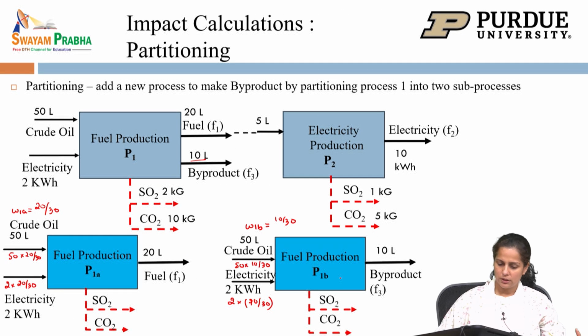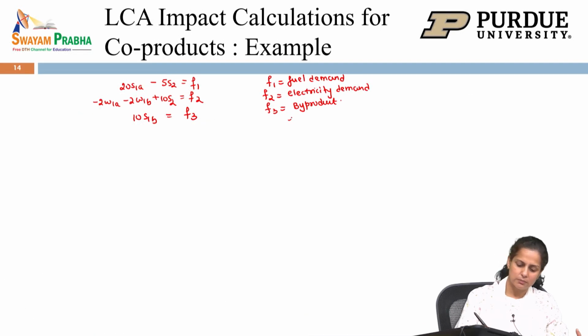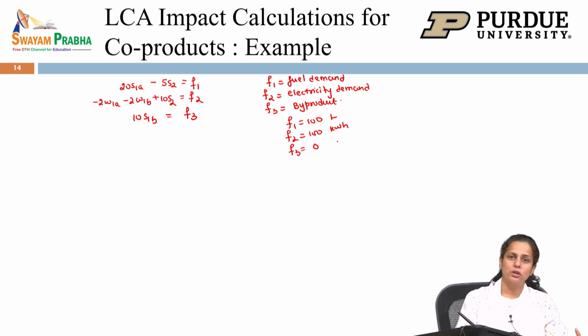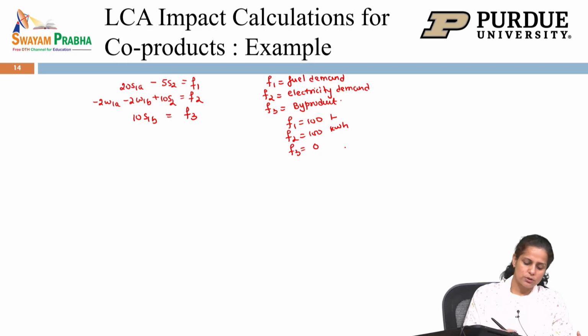So, now we can say that my F1 is going to be 100, my F2 is going to be 100, so this is liter, this is kilowatt hour, and your F3 is going to be 0 because we are not interested in making byproduct.